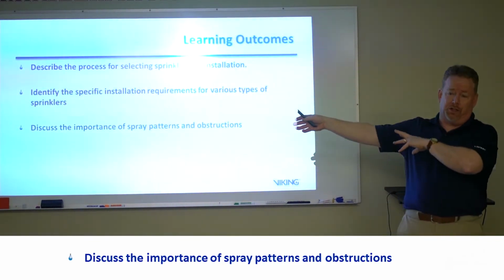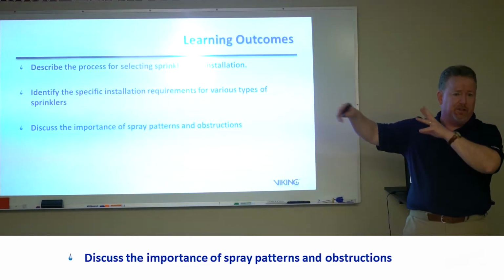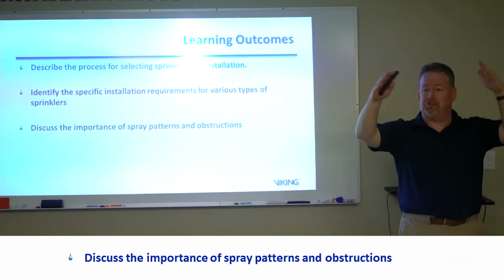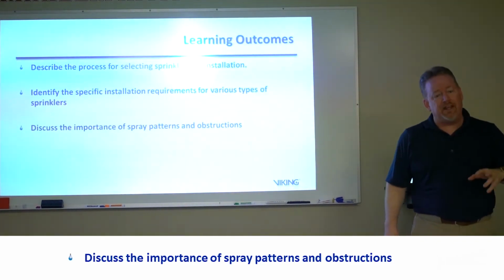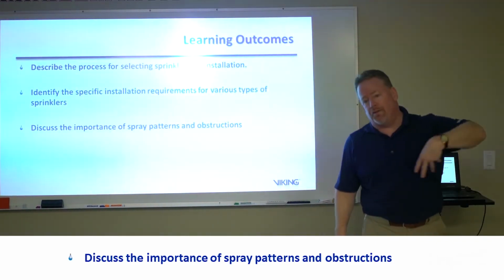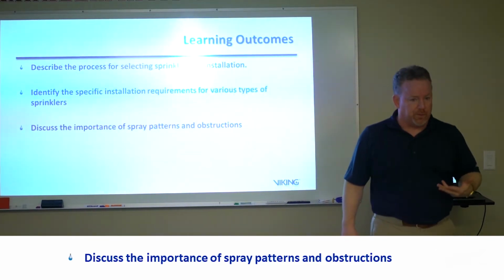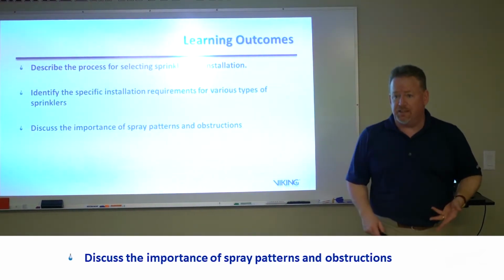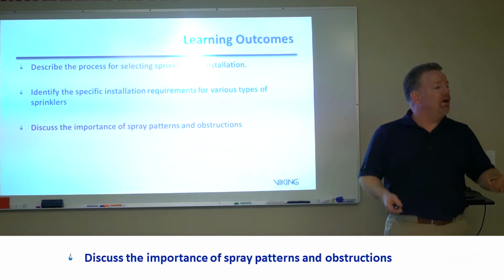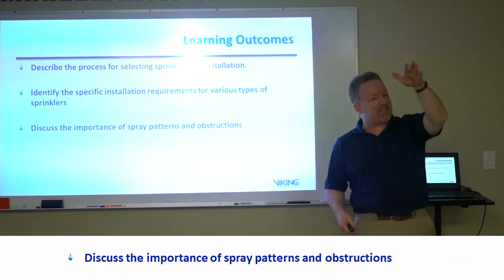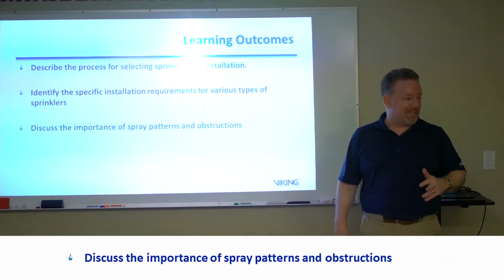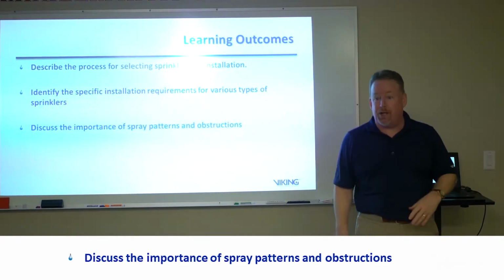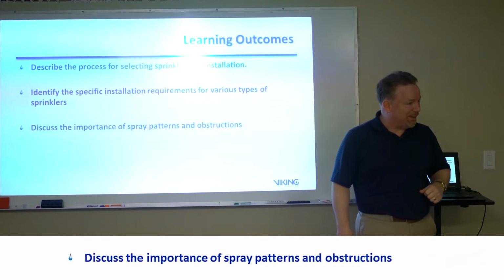remember we showed you earlier, in the previous session, we showed you those spray patterns. We showed you the videos of the nice spray patterns developing, and kind of how the sprinkler covered that particular area with spray at a specific density. Well, we know that we're not always going to have a nice flat smooth ceiling up there, allowing us to create a specific spray pattern, an uninhibited spray pattern.